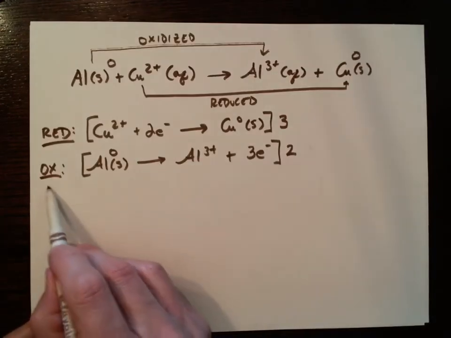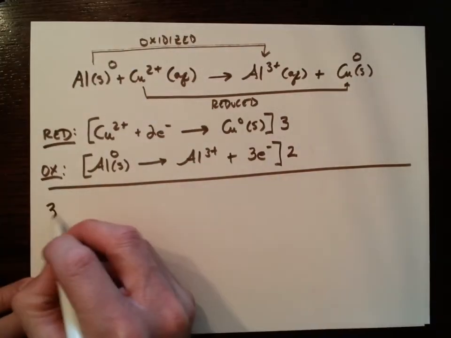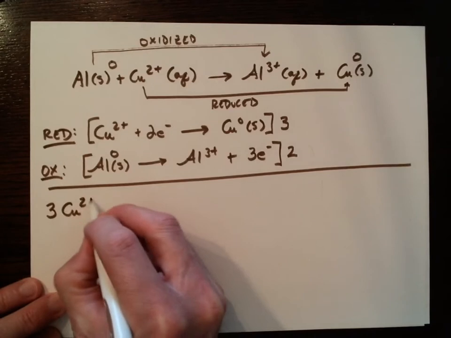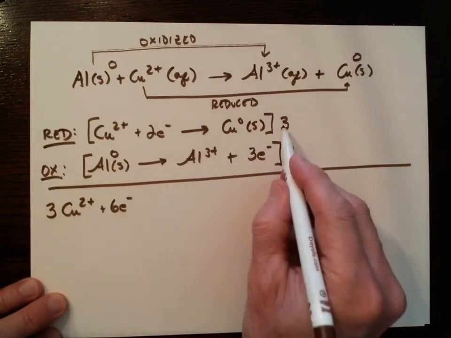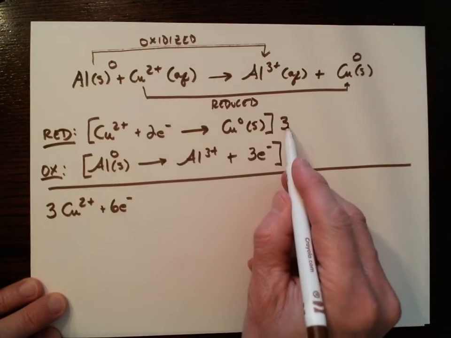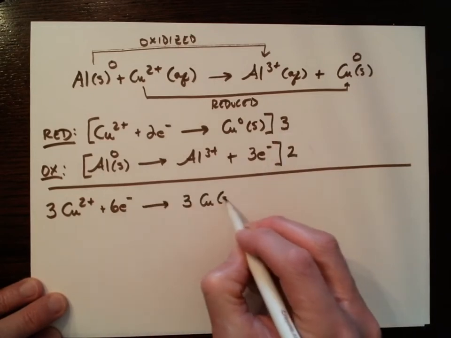If I add these together, let's see what I'm going to get. I'm going to get 3 copper 2 plus 6 electrons. That's going to go to 3 copper solid.